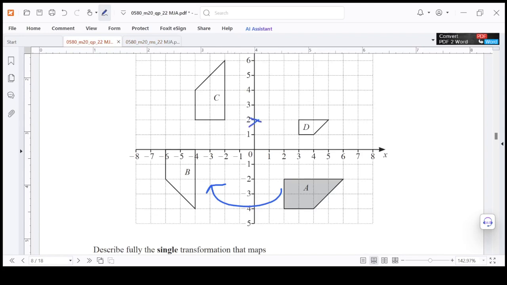In case you don't know how to do that, just Google how to find the center of rotation using tracing paper. You should be able to find really helpful videos on YouTube. We know it's a rotation, and we know it's 90 degrees clockwise because this length becomes like this, so it's definitely a 90-degree clockwise shift.